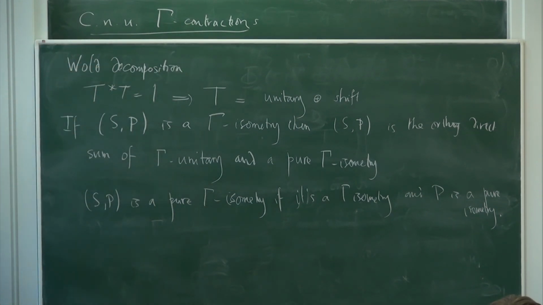So we have in place now almost all the ingredients that we need to generalize the Nagy-Foias model to gamma contractions. There's just one major item left, and that is the notion of a model gamma isometry.